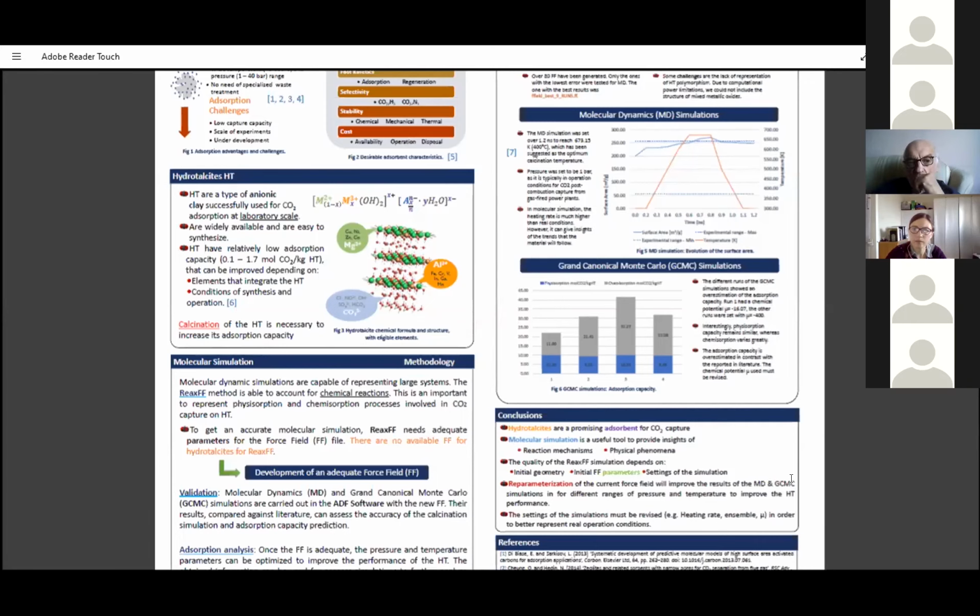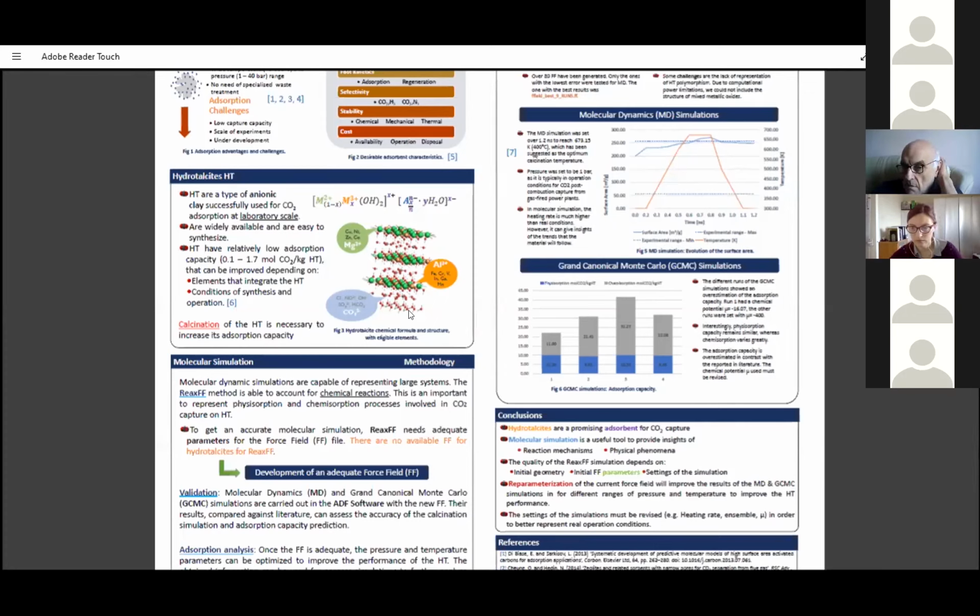Okay. What's the water resistance of these? Do they pick up water? Yes, they do, but it's actually interesting. They have this memory effect. Once you have calcined the structure, it doesn't have the layered structure anymore, and it's amorphous metal oxides.